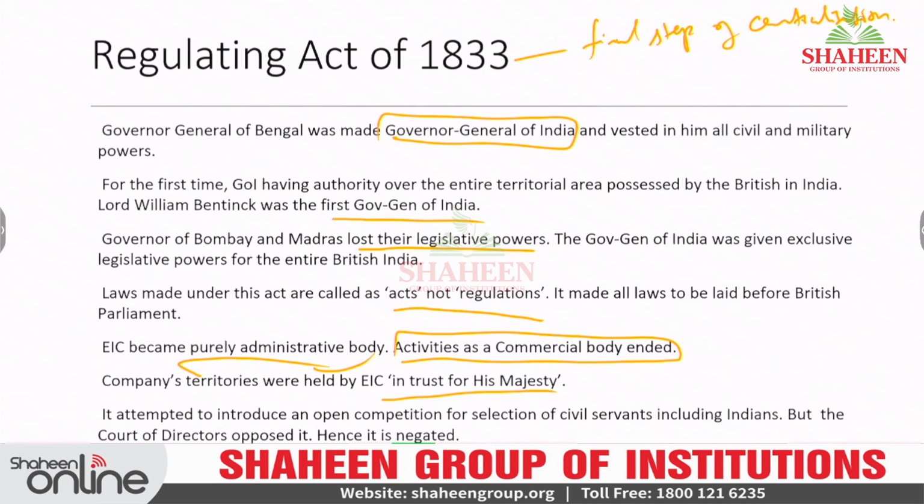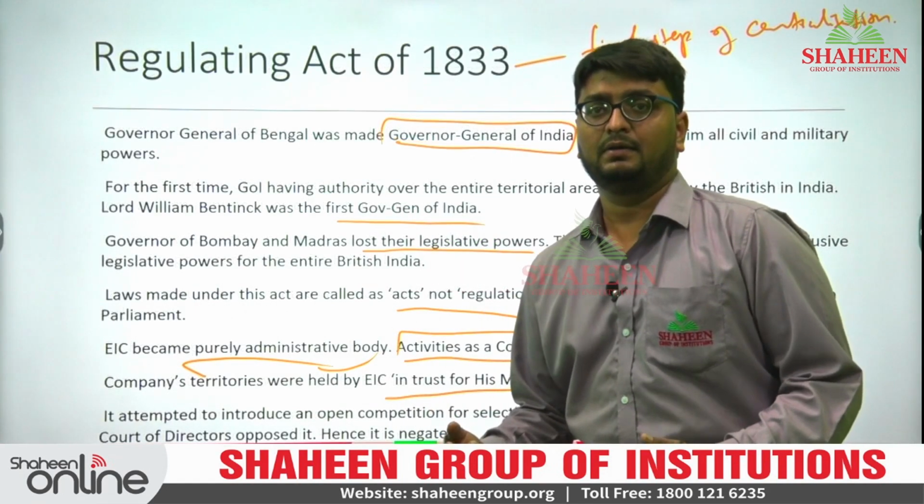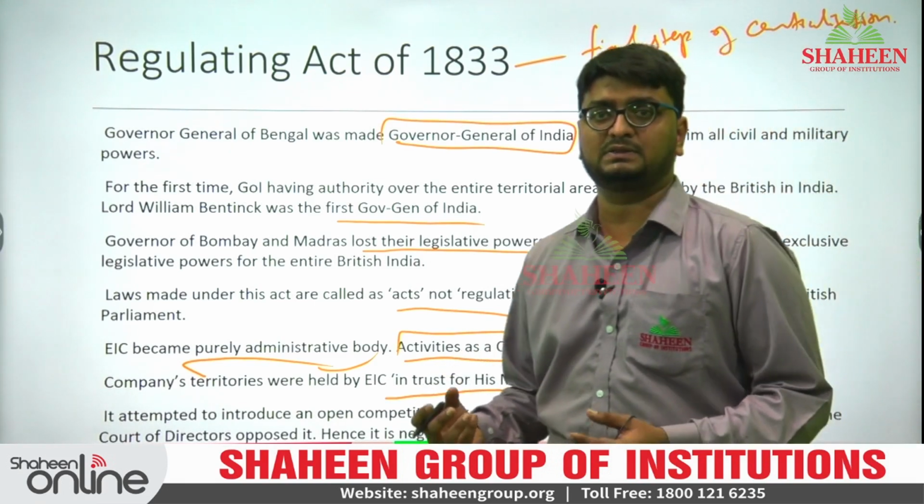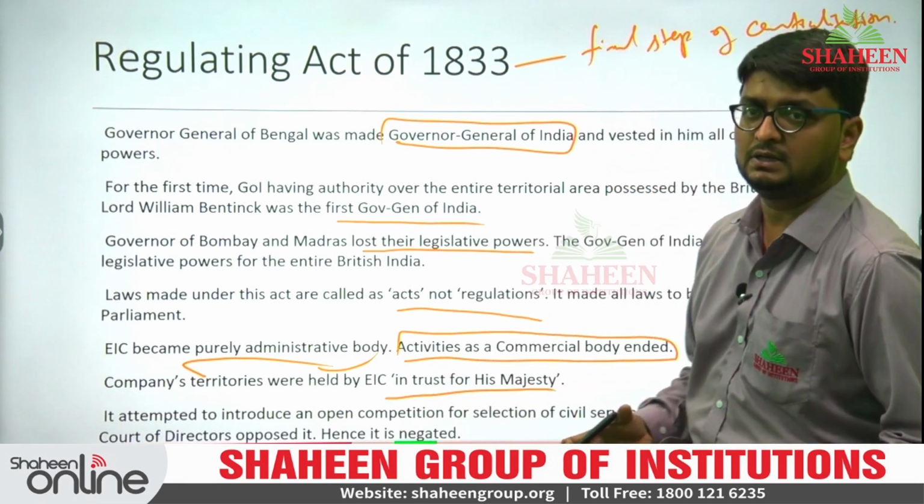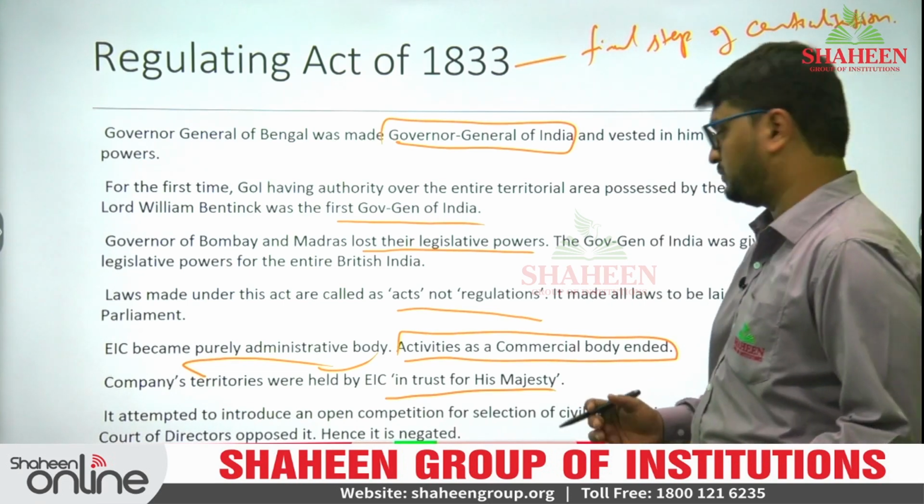It attempted to introduce an open competition for selection of civil service including Indians. The British wanted that Indians should take part in the East India Company, but the East India Company was adamant, it negated this provision, they didn't accept it.